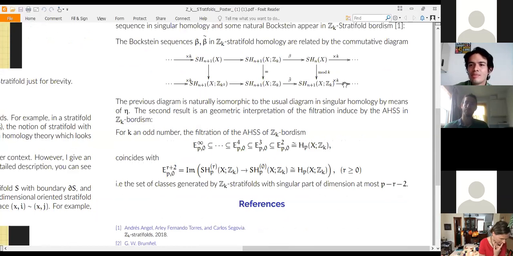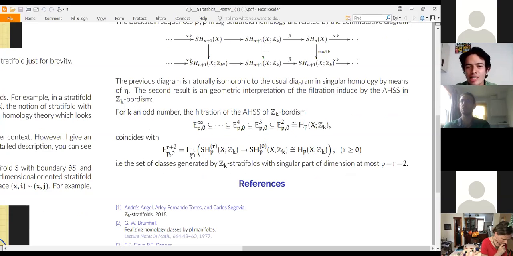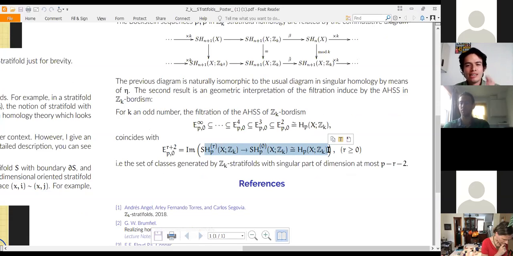And maybe a deeper fact is that you can give an interpretation of the filtration for the spectral sequence of CK bordisms. The filtration given by the Atiyah-Hirzebruch spectral sequence gives us a filtration, and this filtration can be explained by these theories.